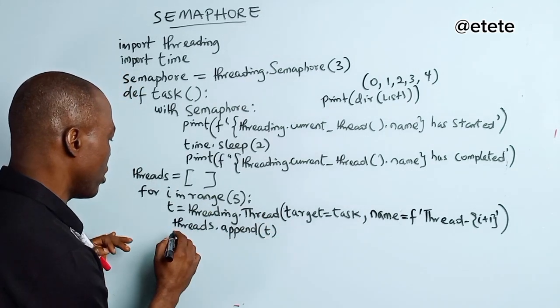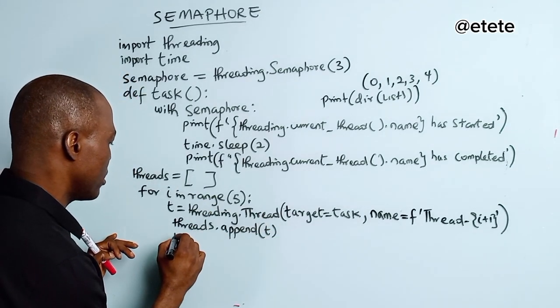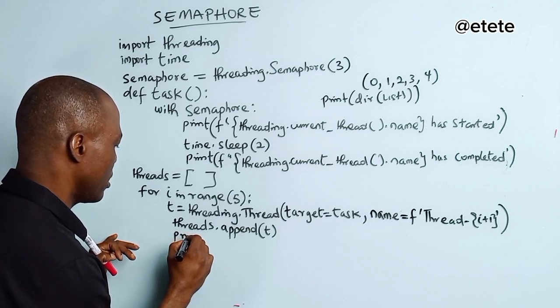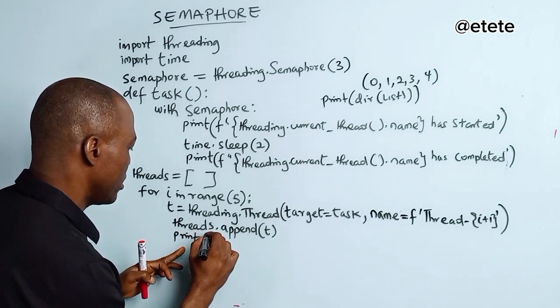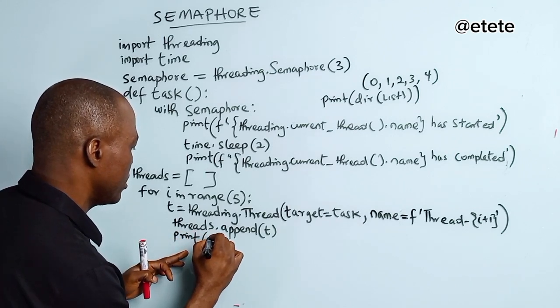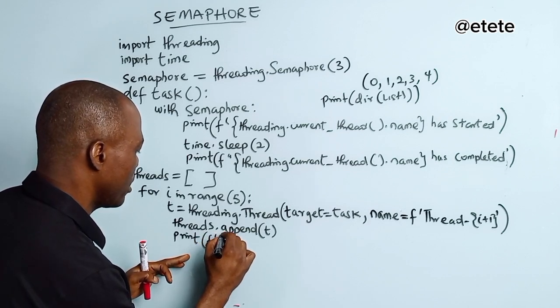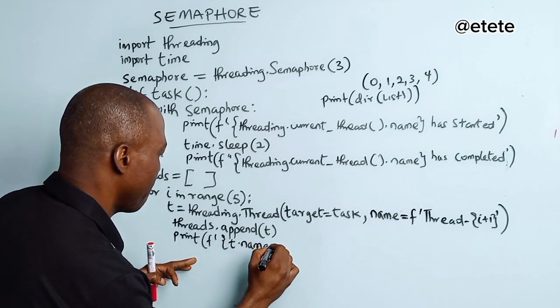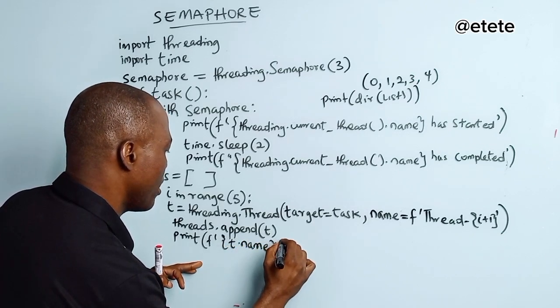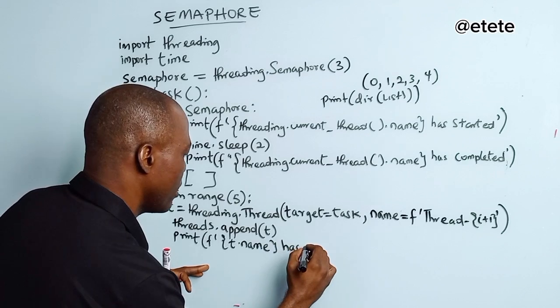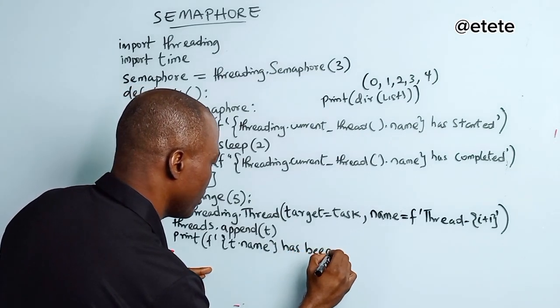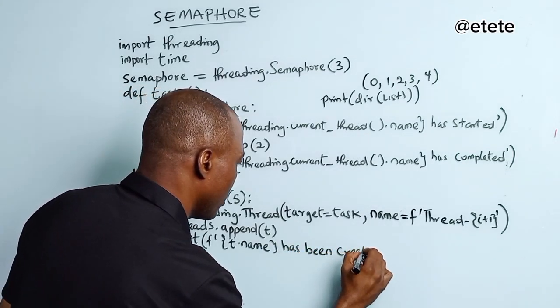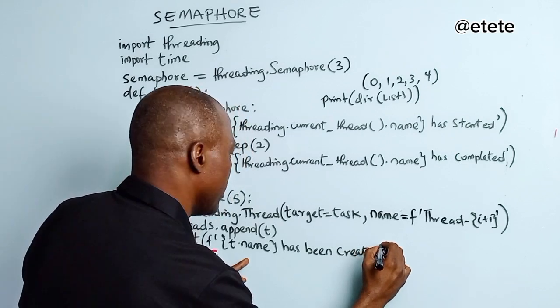Now, once this is done, you will now say print, format string, t dot name has been created.